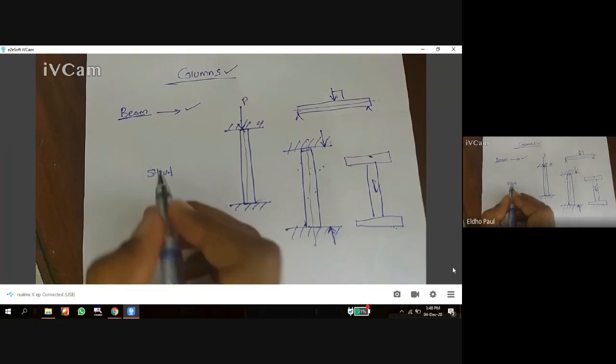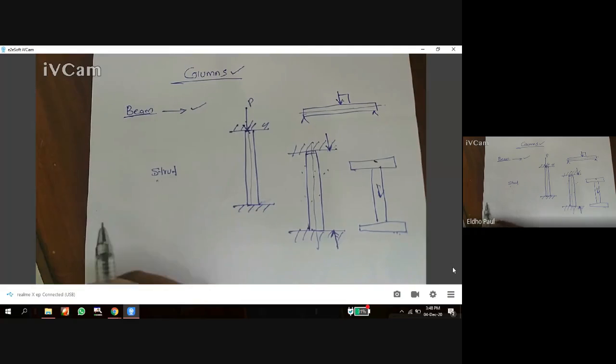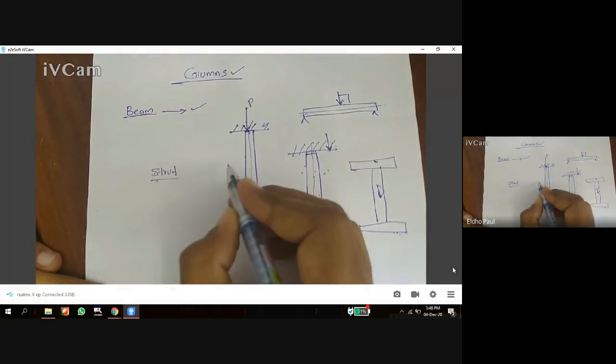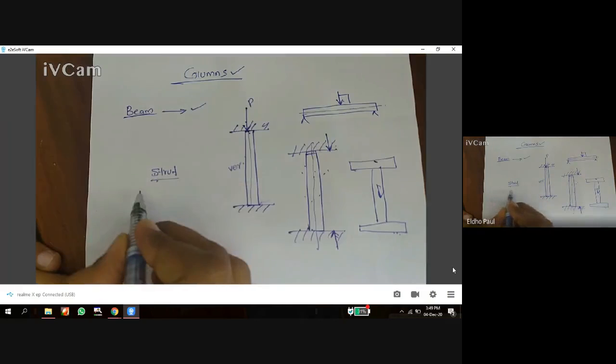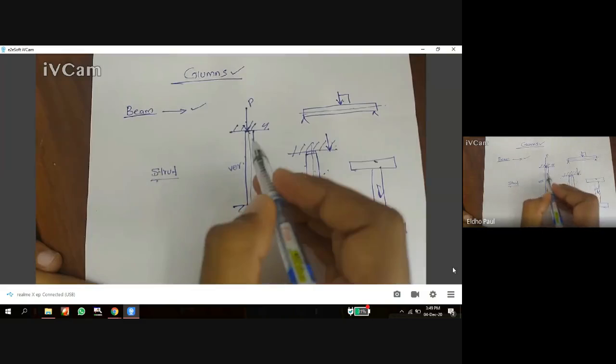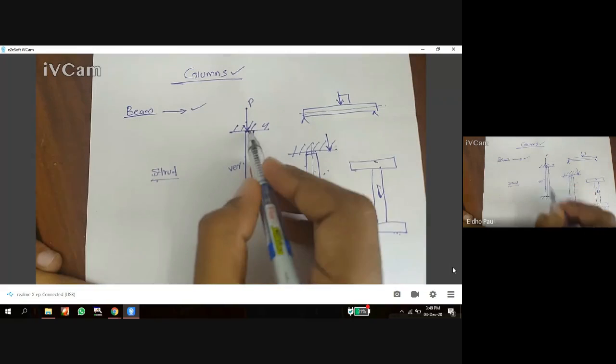The main difference between a column and a strut is that a strut is a member in a structure which is not vertical, and one or both of its ends are hinged or pin jointed. A column is vertical and both ends are fixed.